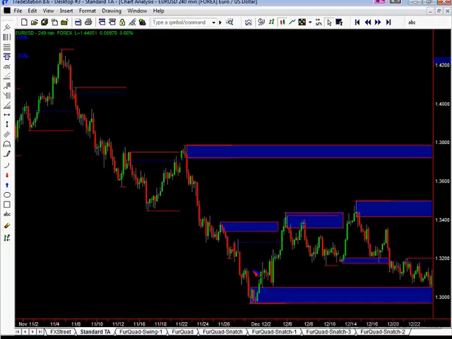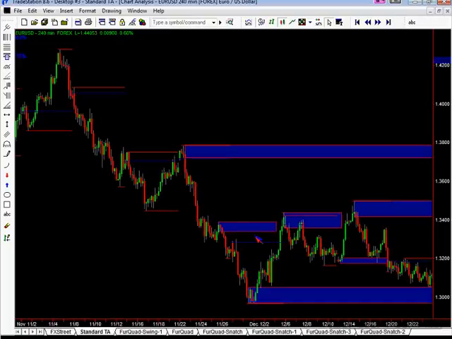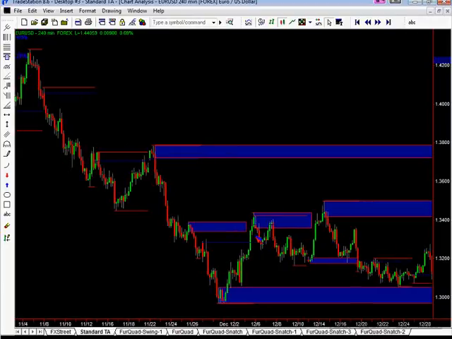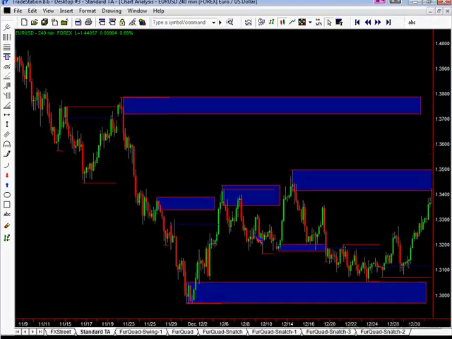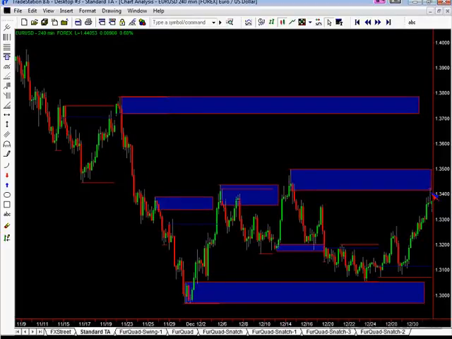So once that's been done, we've got the chart looking something like it is right now. What I'm then looking for is for price to come back to a location of interest. So for example, at this point of the chart here, price has just come into this.